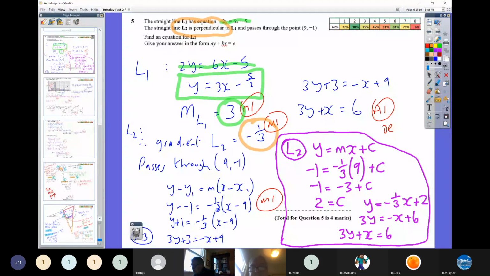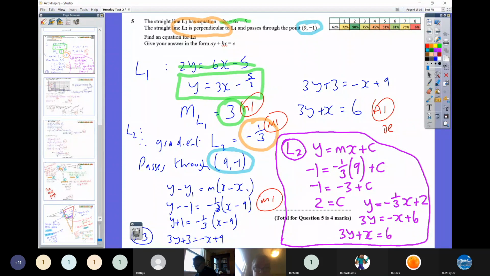Now, it passes through the point 9, minus 1. So there's two ways to do this. You don't have to go down using the y minus y1 formula. I think it's a very nice one to get used to. So I've done it on the screen, both possible ways. So it passes through the point 9, minus 1, just there in light blue.